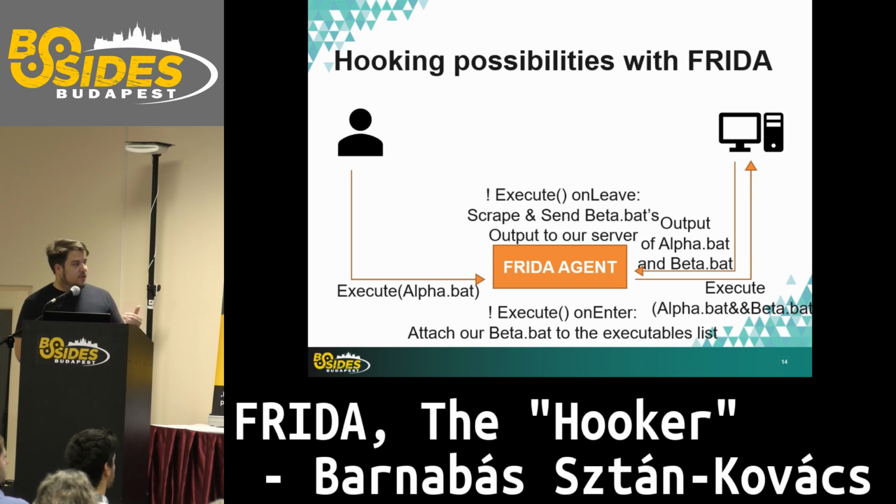And we have to scrape the beta.bat output and send it to our server or do something with it. Let's suppose we wanted to gather this information, so we just send it to our server and send the output of alpha.bat back to the user. So the user basically sees nothing about what just happened, and we still got what we wanted. So I guess it's pretty cool because it's just so stealthy and so hacky.